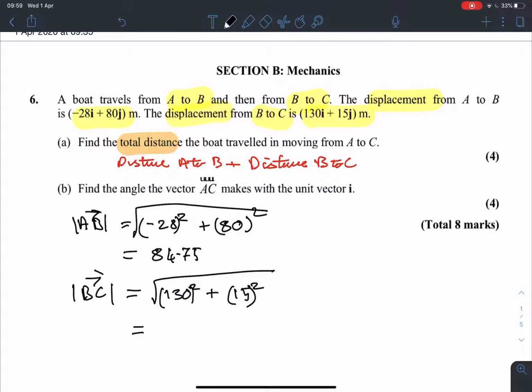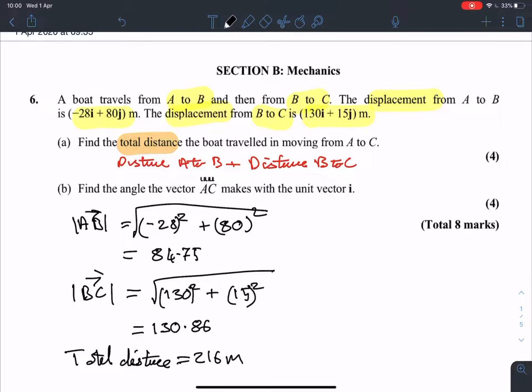Tapping it in a calculator, that is equal to 130.86. So the total distance is those added together, rounded off sensibly, and we get around 216. Let's check the units: meters.